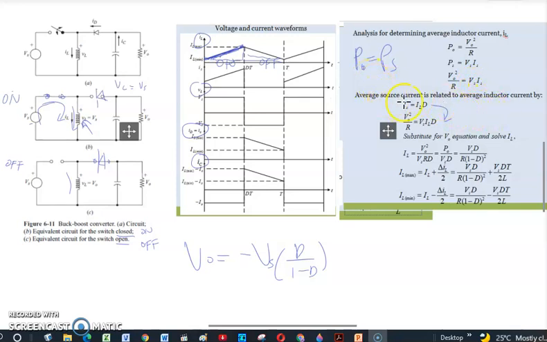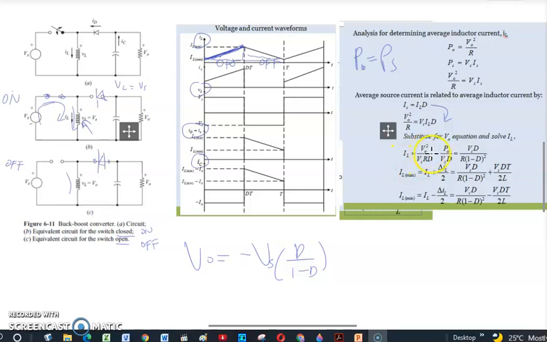The average source current is related to the average inductor current, where I source is equal to IL times D. So we put into this equation V out squared divided by R equal to IL D times Vs. So we try to solve for the average inductor current.